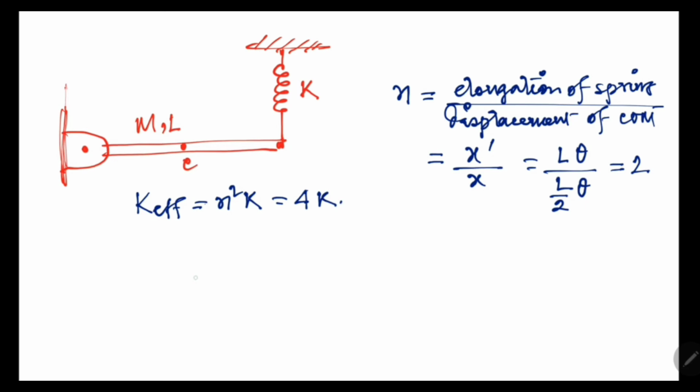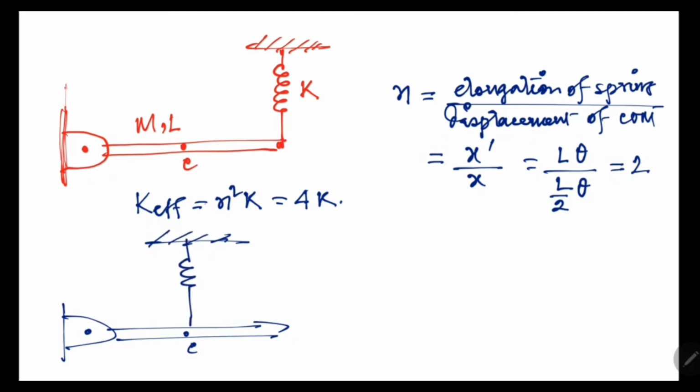Hence the spring can be replaced by a spring of spring constant 4k connected at position C, like this diagram. Here is the center of mass, and here is the spring constant 4k.